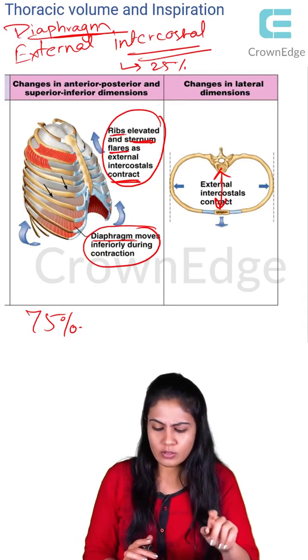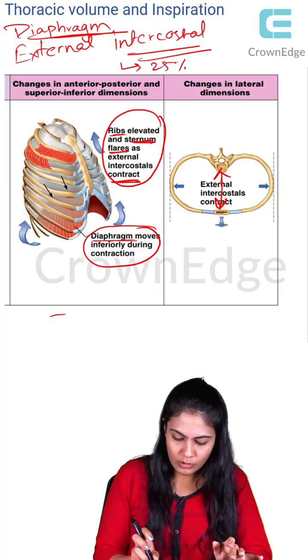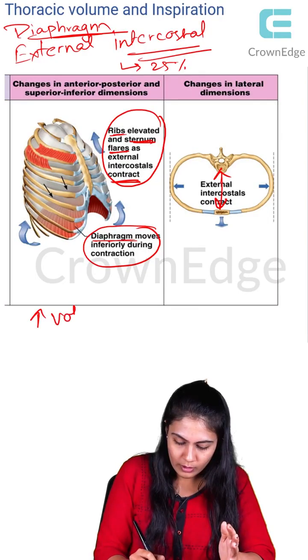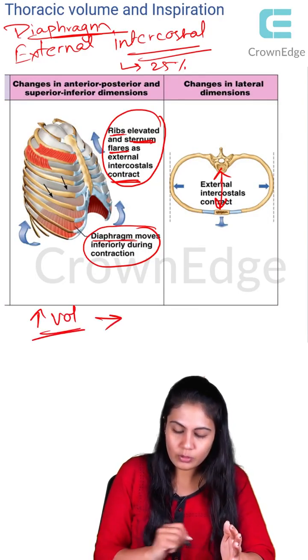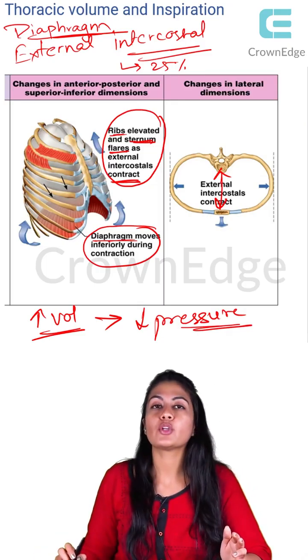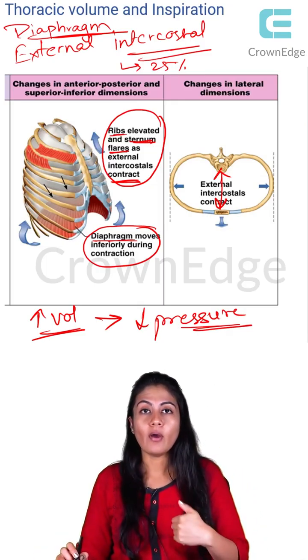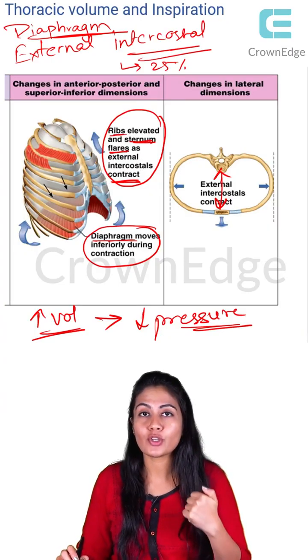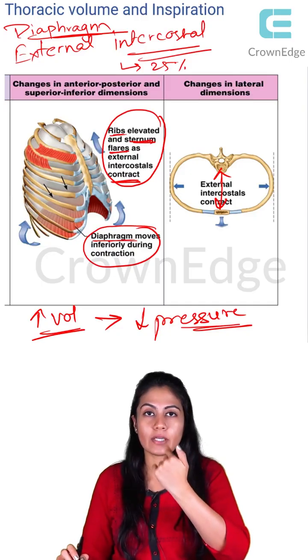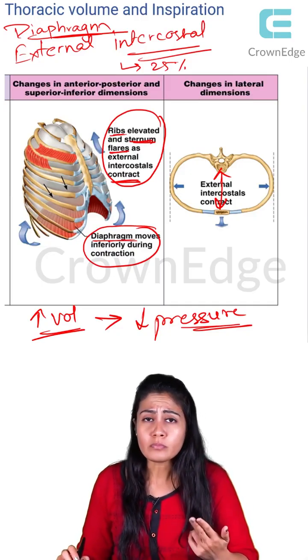And what does Boyle's law suggest? Because of the increased space, the volume has increased. So what will happen to the pressure? The pressure will decrease, right? The pressure becomes negative now. This negative pressure will suck the air inside. Why? Because the lung is directly connected to the environment.